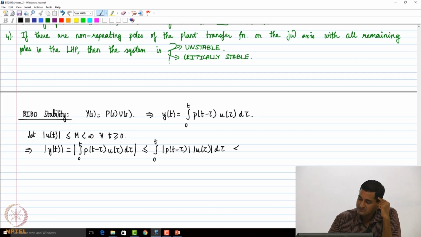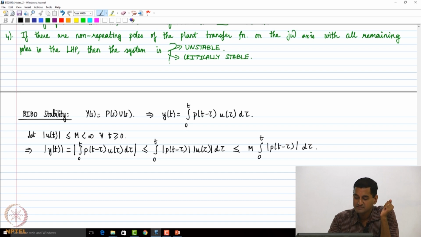Now this is going to be less than or equal to m times the integral from 0 to t of the magnitude of p of t minus tau, d tau. Do you agree? Yes, m is greater than 0. It was there in the slide, so I didn't write it, but let me write it down.